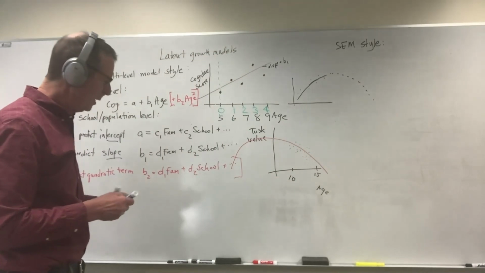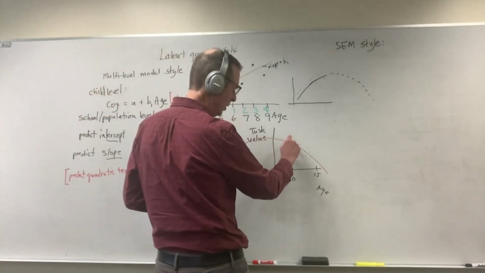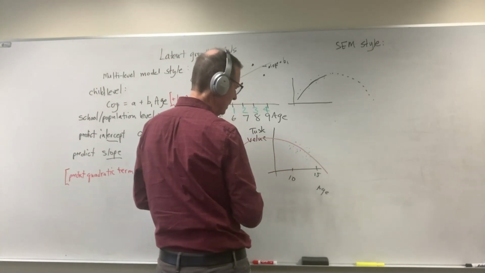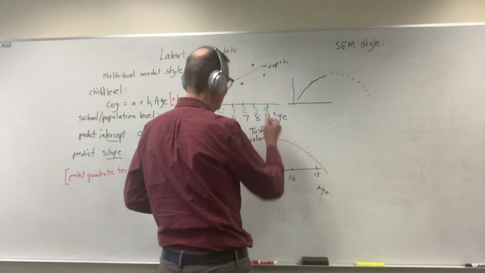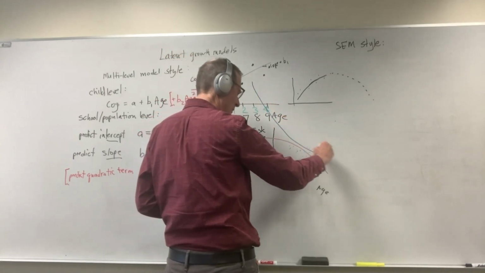But for the complementary group, I think it was non-Hispanics, you had pretty much the same decline, but it was decreasing at a decreasing rate. So the best fitting quadratic was something that looked like this, right?